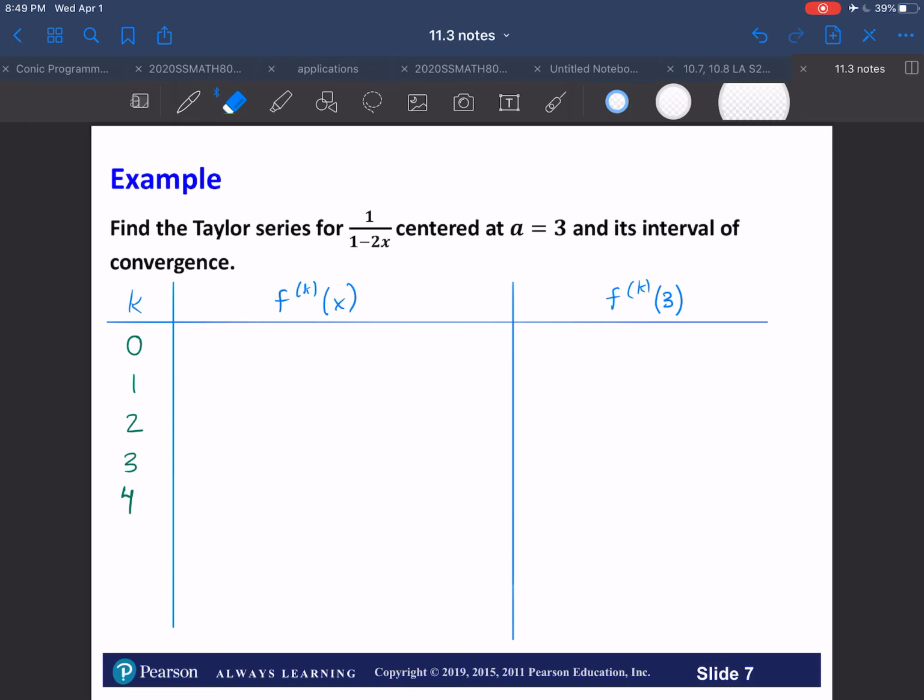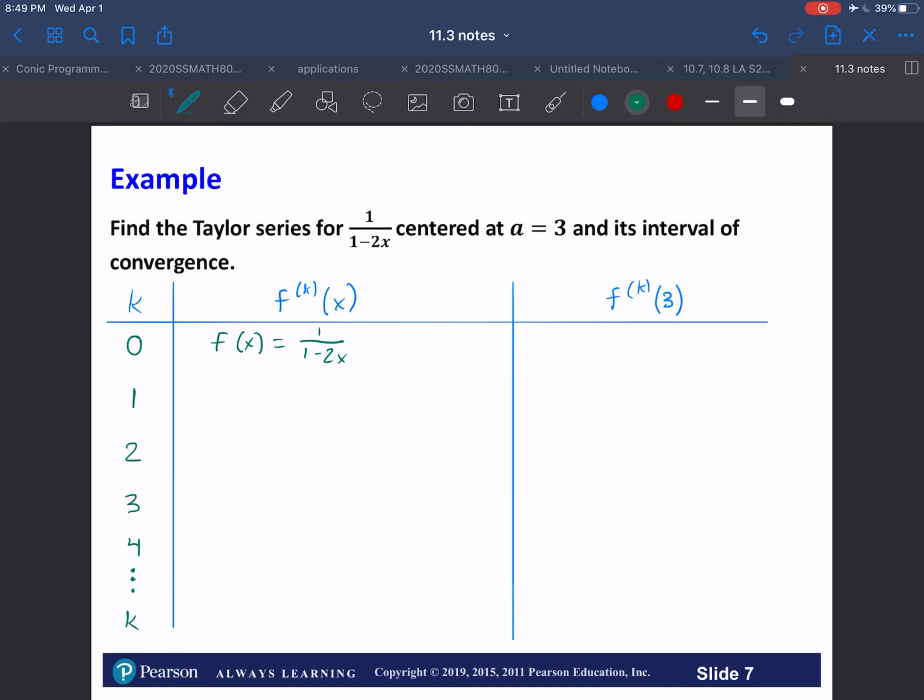I think I need to actually give myself a little bit more space between these. All right, so for k equals 0, that just basically means write down your function and plug in 3. We're not taking any derivatives. We're just going to get f of x equals 1 over 1 minus 2x.